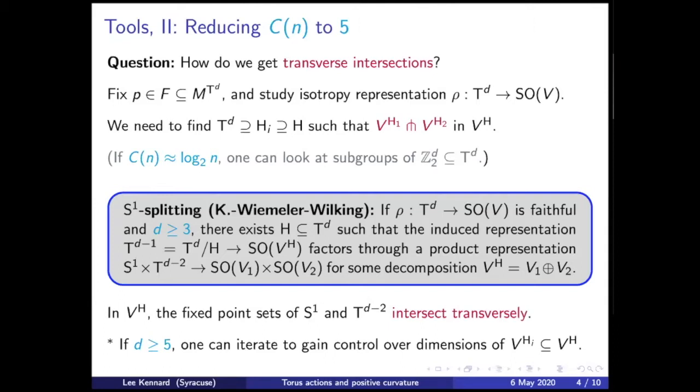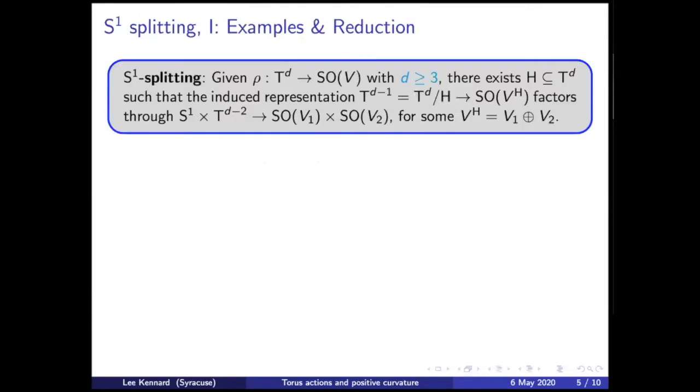So again, this is the main new technical tool, and it's just a statement about torus representations. I want to spend the next few slides just talking about this. So here's a theorem again in abbreviated form. Here's an example. I'm switching to the unitary group for simplicity. This is a representation of T3.